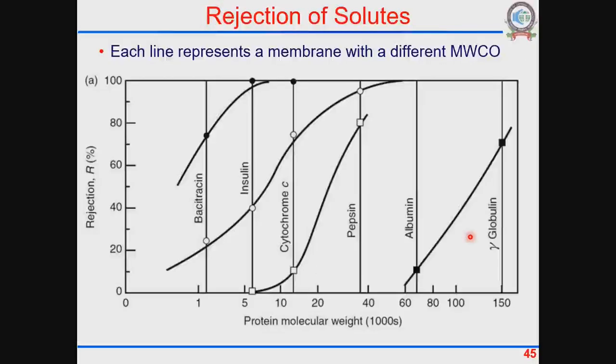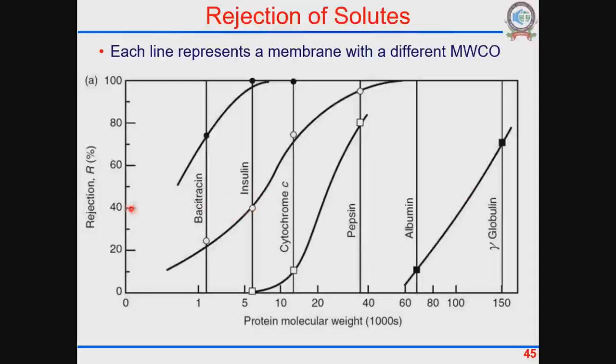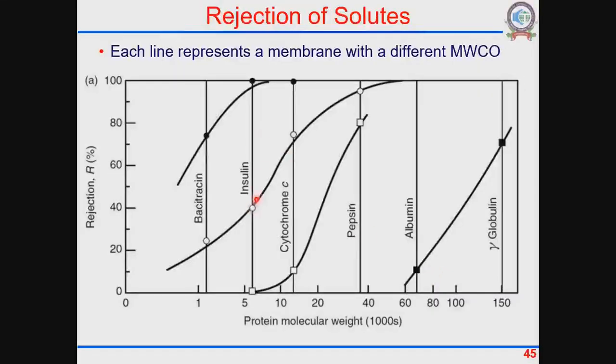Let's look at one such membrane. Each line here represents a membrane with a different molecular weight cutoff. If I take this particular membrane and try to pass different solutes, if I pass insulin, for example, it will maybe have about 40% rejection. But if I try to pass higher and higher molecular weight compounds, meaning higher and higher sizes, they would have, for this particular membrane, higher and higher rejection.